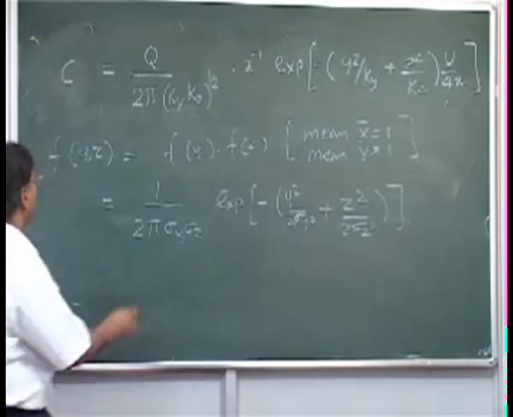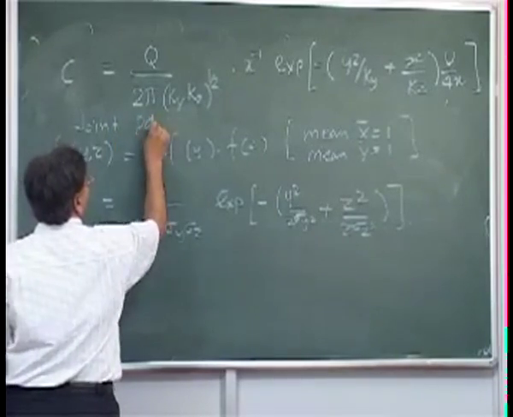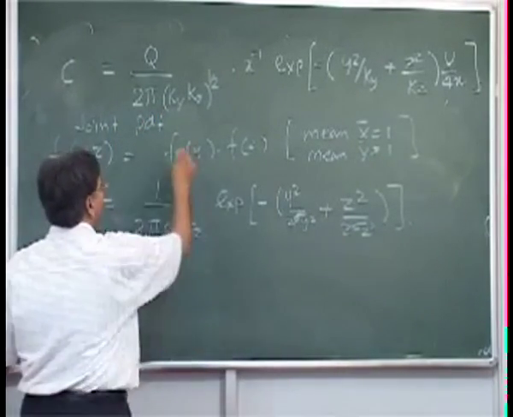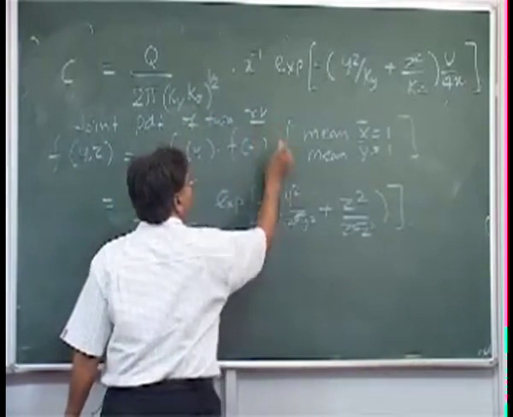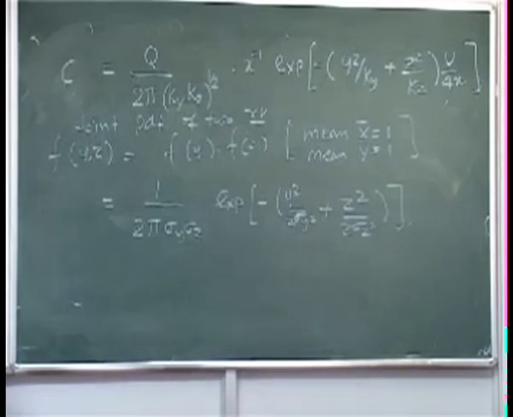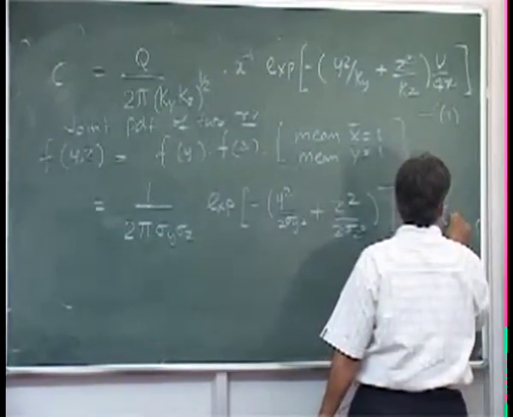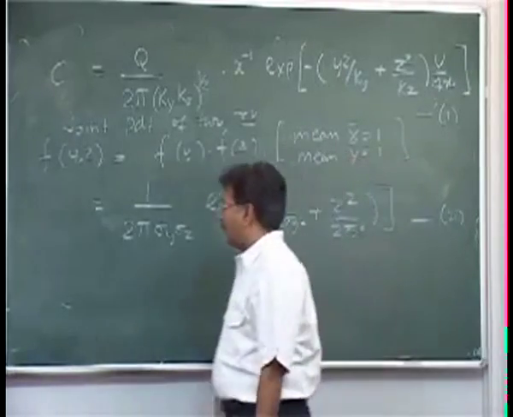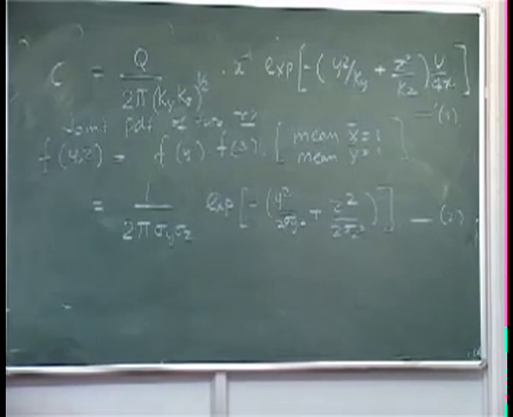So I am writing a joint probability density function of two RV. RV stands for random variables. Now this is my equation 1, this is my equation 2. I compare my equation 1 and 2.